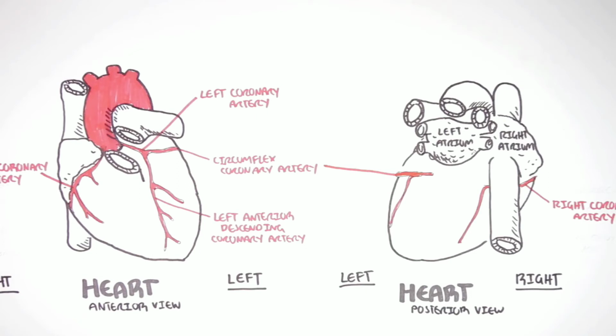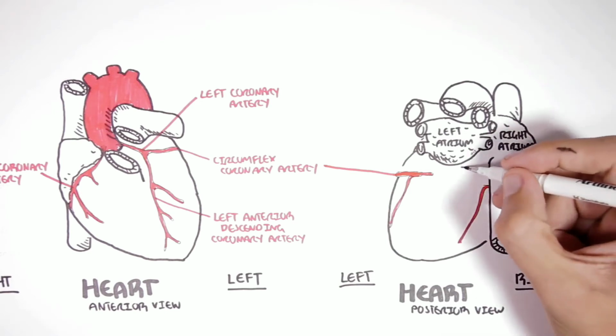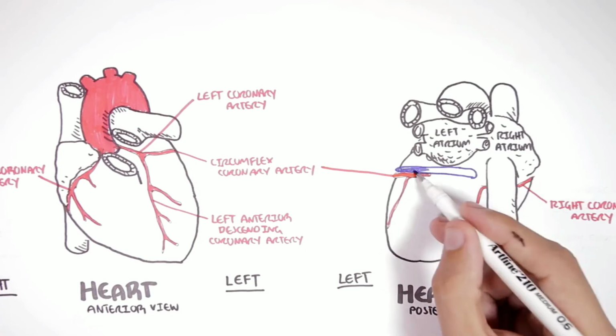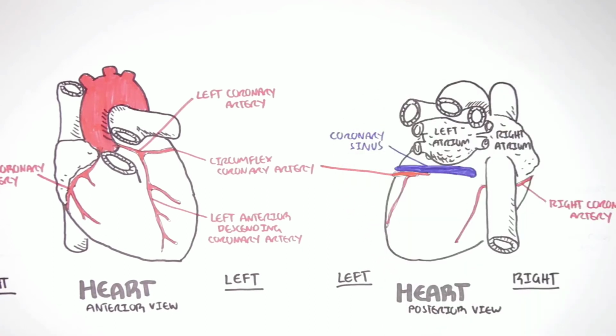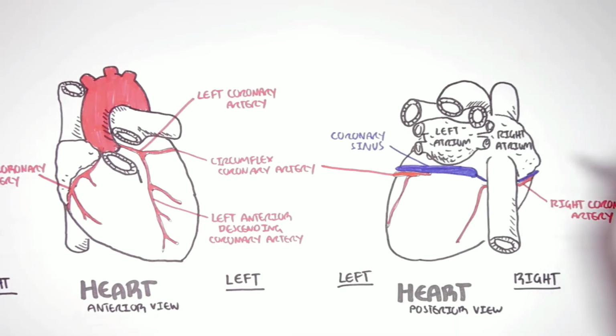The veins will leave the cardiac muscle cells and will bring the deoxygenated blood back to the right atrium through the coronary sinus. So all the deoxygenated blood from heart muscles will go back through the coronary sinus back to the right atrium.